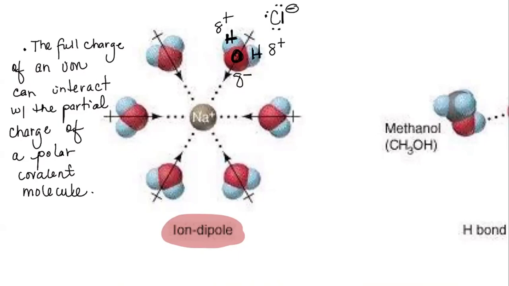The chloride ion in table salt can be interacting with the delta plus in the water, again via an ion-dipole interaction. And this can only happen if one molecule is ionic and is soluble in the other molecule that is polar. And here we just have salt and water.